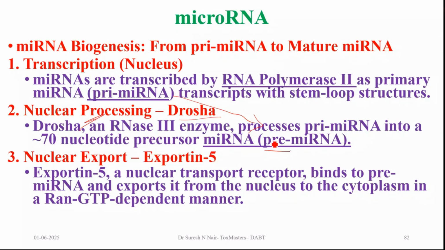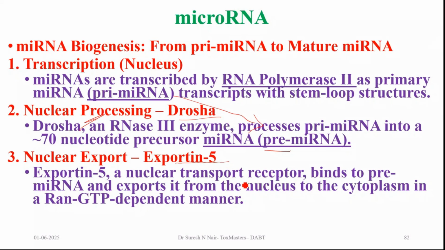And once it is in the nucleus, it is transported from the nucleus to outside, because the site of action of this microRNA is the messenger RNA. The messenger RNA usually leaves the nucleus through the nuclear pores and then reaches the ribosome.